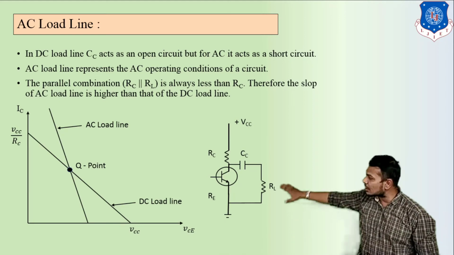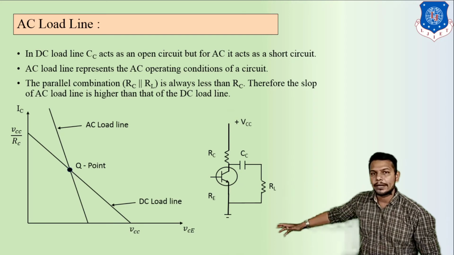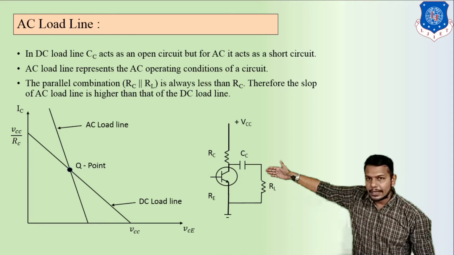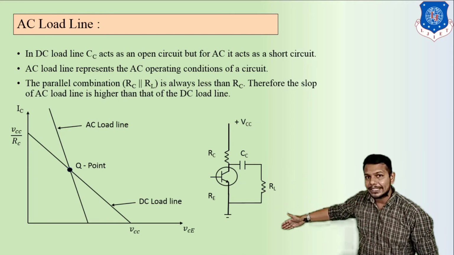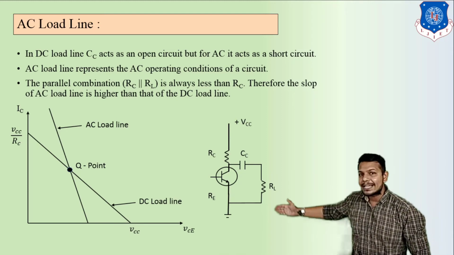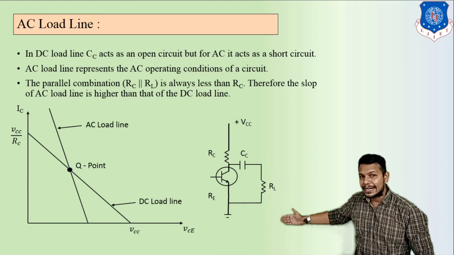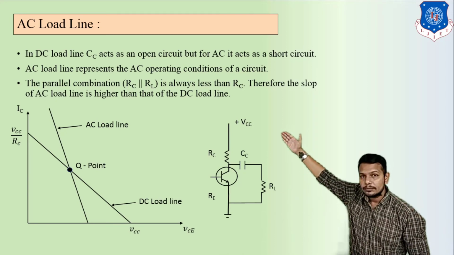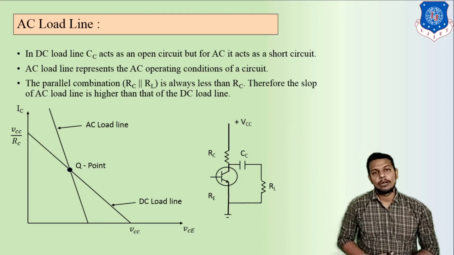Here we can see a comparison of the DC load line and AC load line. This straight line which is connected to the current axis and voltage axis is known as the DC load line, but the one which is connected to the voltage axis and goes directly up is the AC load line.